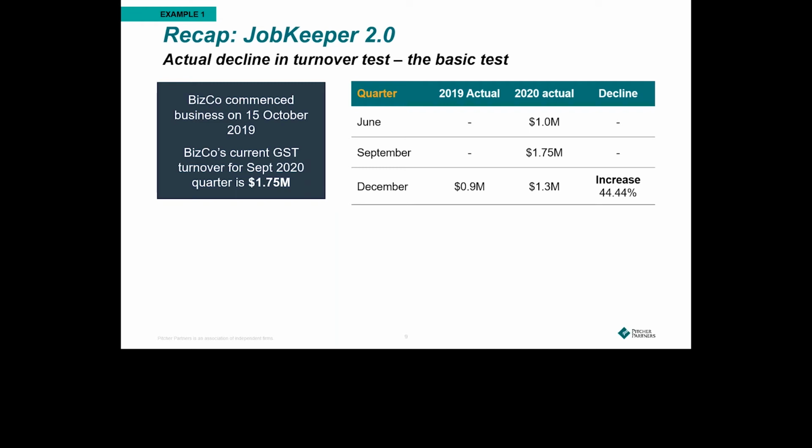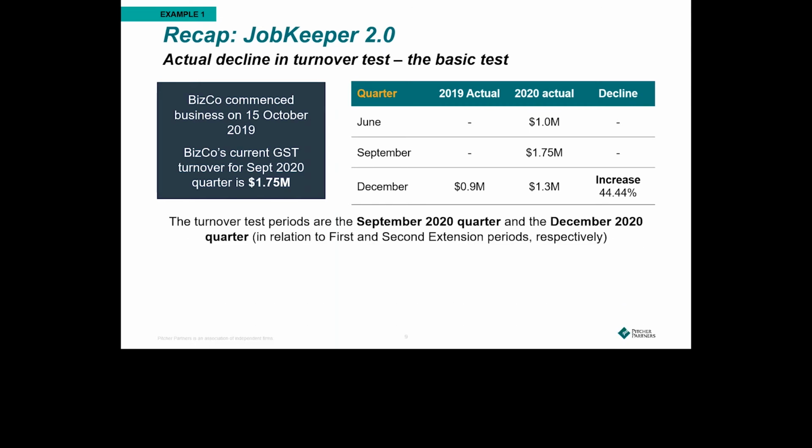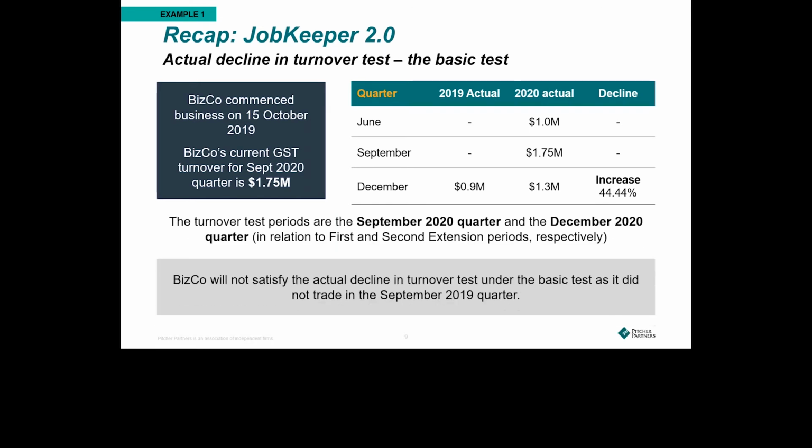So it's not really showing the real impact of COVID on our turnover that we're currently facing. So if we only had basic tests, essentially this entity would be excluded from applying for JobKeeper in the extension periods.